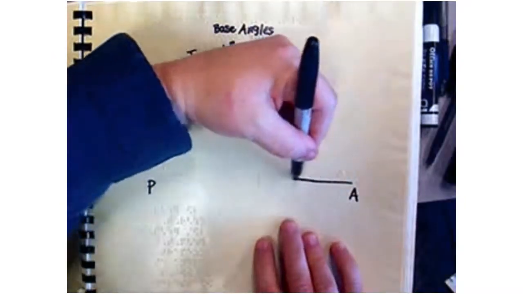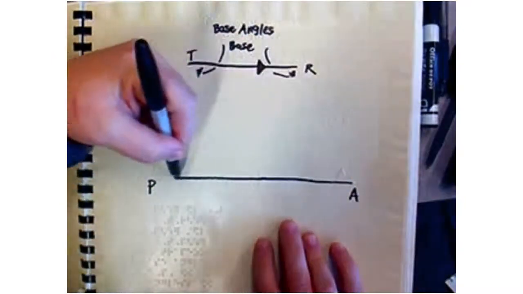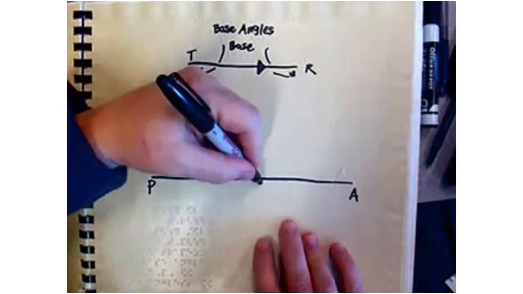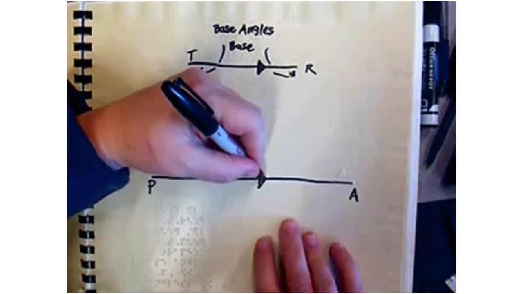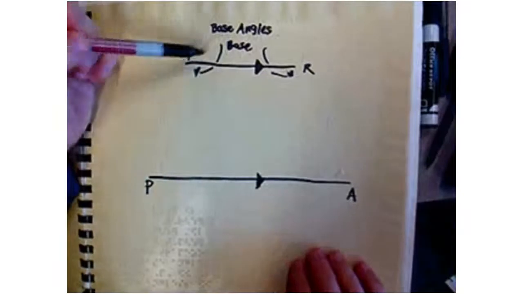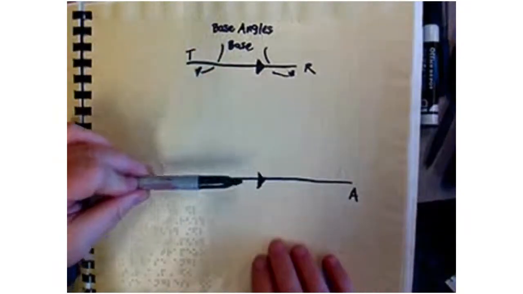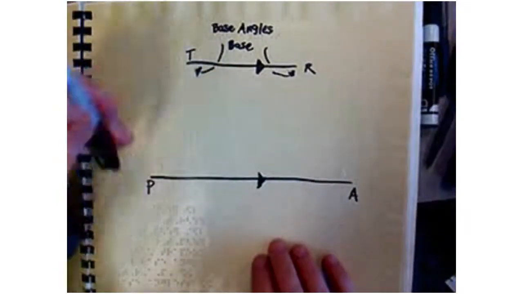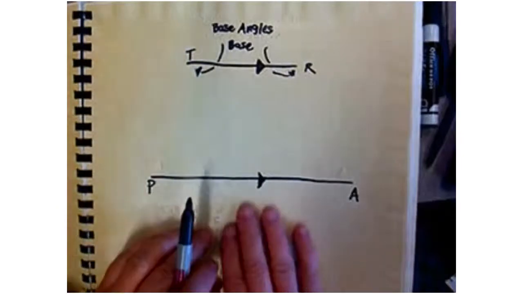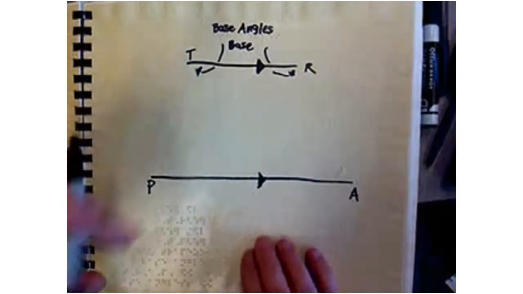Go between those two vertexes, there's a line, a side, there's a parallel line indicator. So that's indicating that the top TR is parallel to the bottom PA. Those are called the bases because they're the parallel sides.